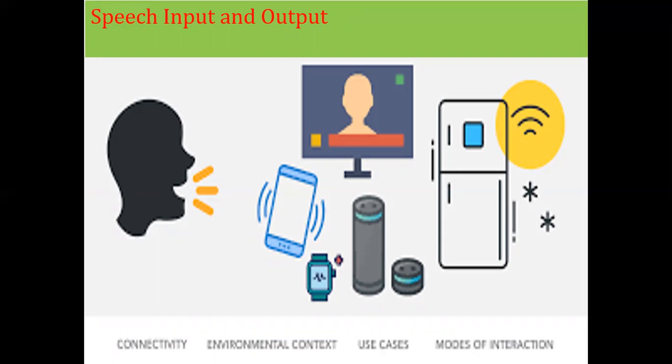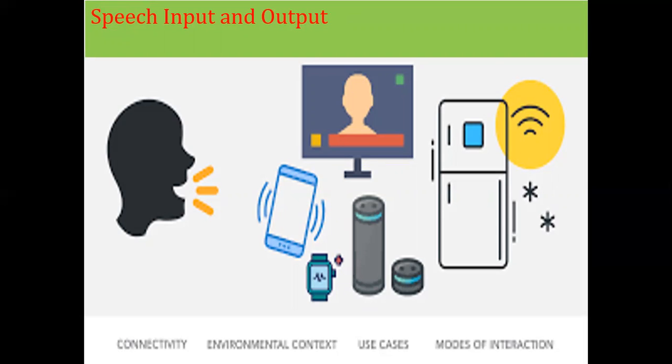there is no need to type whatever you want to search in the Google search engine. We can make use of speech input, which will give you the data faster than typing and requesting, because while typing there may be some spelling mistakes and it may give many options. But if you give the input by voice, then there is no need to worry about the spelling.